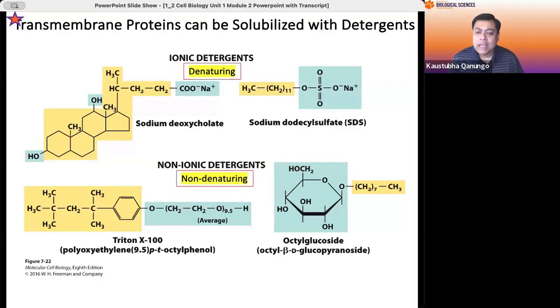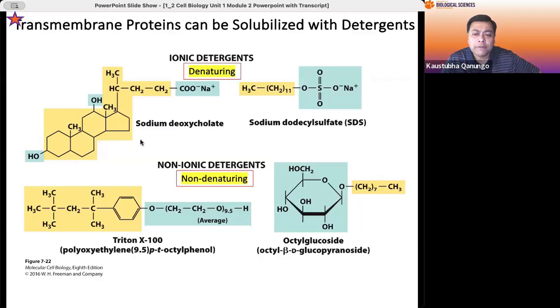And we have to use something which has an amphipathic or amphiphilic property. So a part of the detergent molecule is hydrophilic, a part of it is hydrophobic. What happens is the hydrophobic portion binds to the lipid, and then the hydrophilic portion washes it out and takes it out with the water. And this is how all the detergents and soaps work.